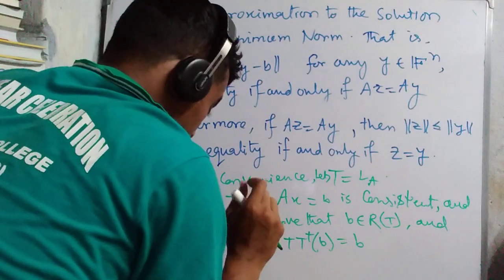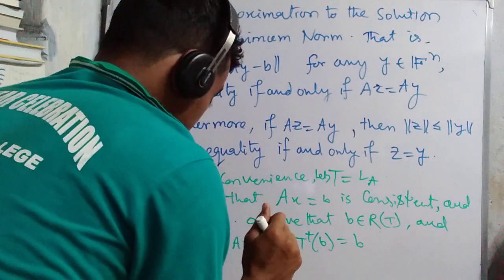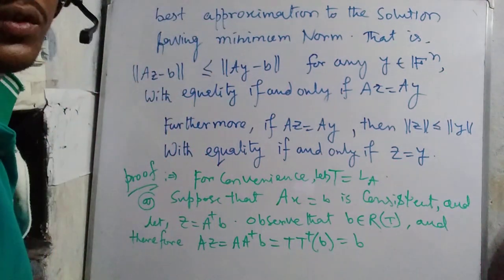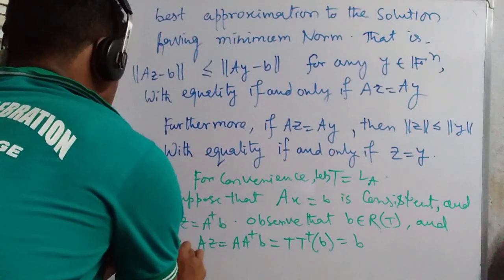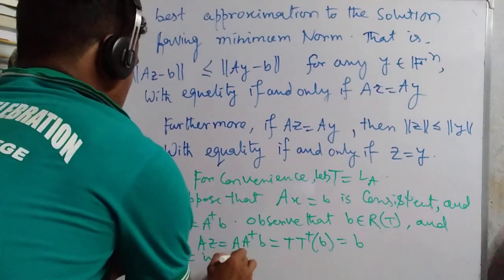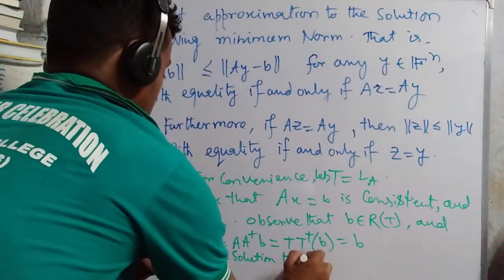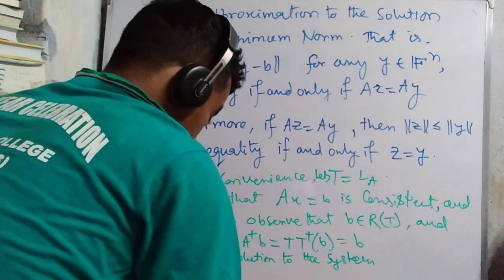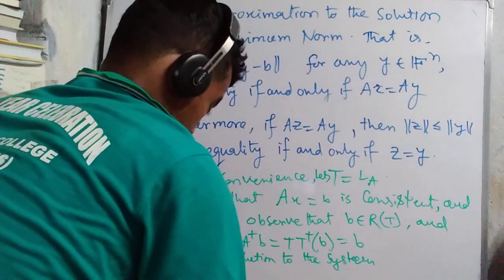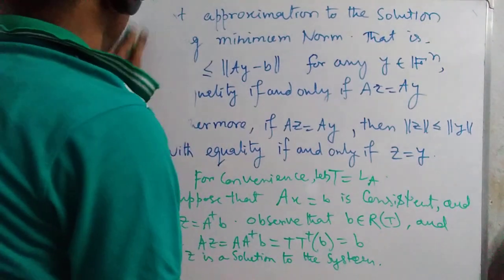Understood? Then z is a solution to the system. Now we write it in this way.